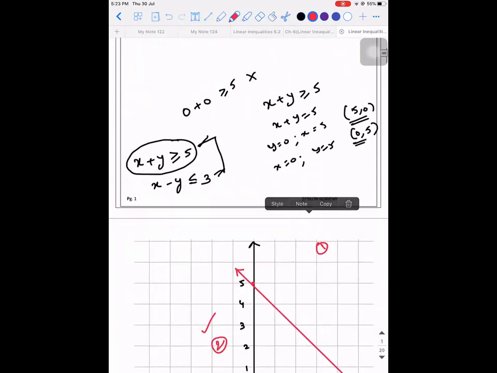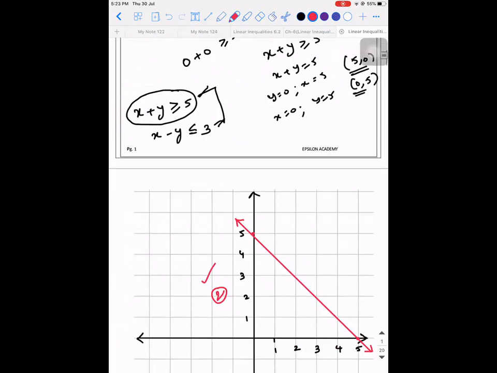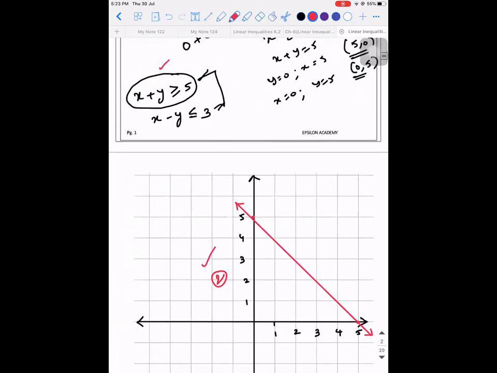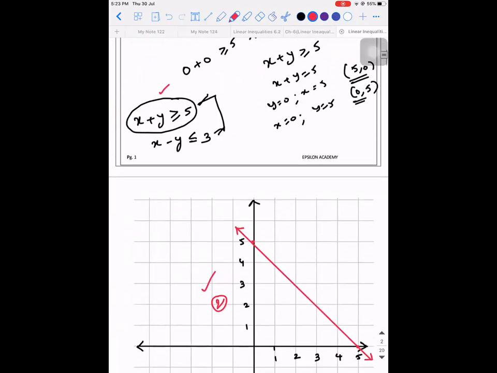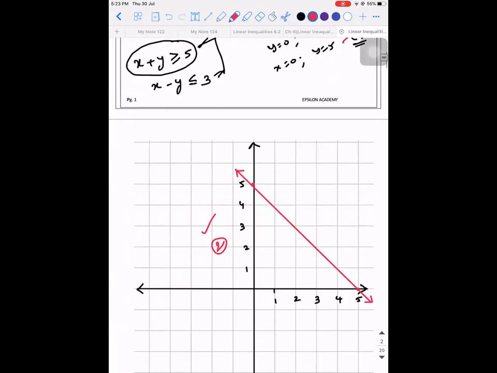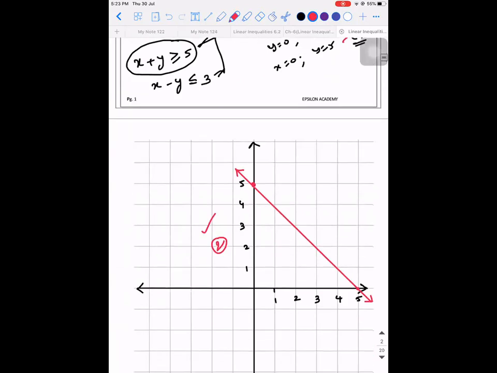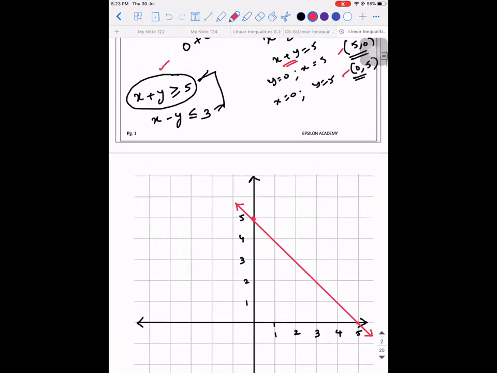So what I'm trying to say is, I took both the inequalities like this. x plus y is greater than or equal to 5. That is given. So first we need to take it as equal to 5. Then I got two points, 5, 0 and 0, 5. So then I drew the graph through 5, 0 and 0, 5. Now I'm asking for x plus y greater than or equal to 5.